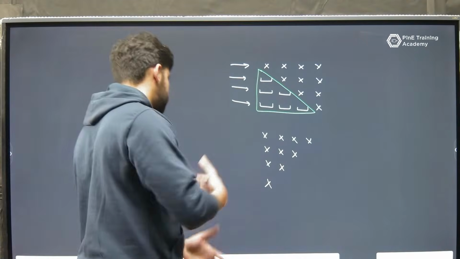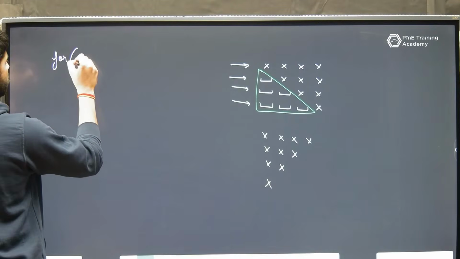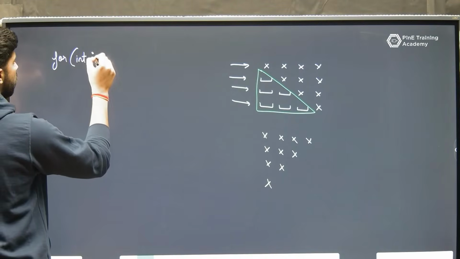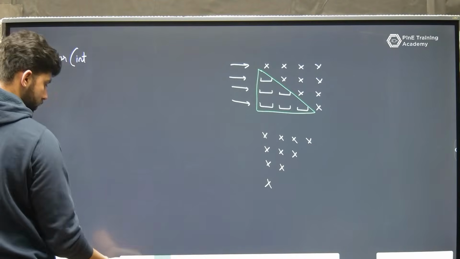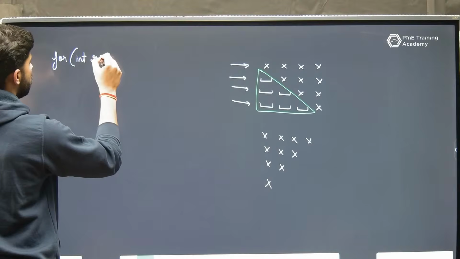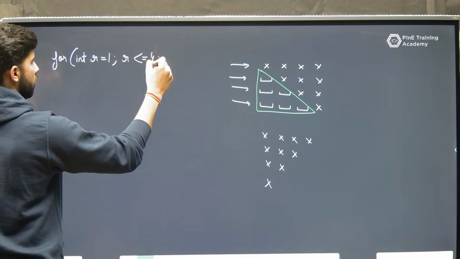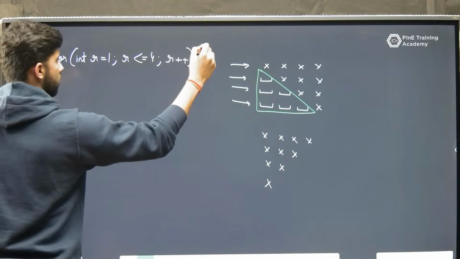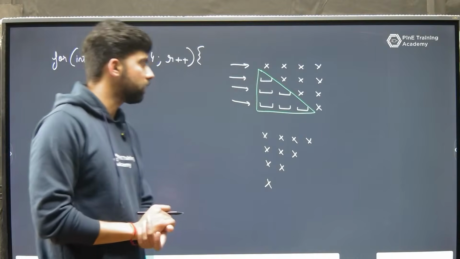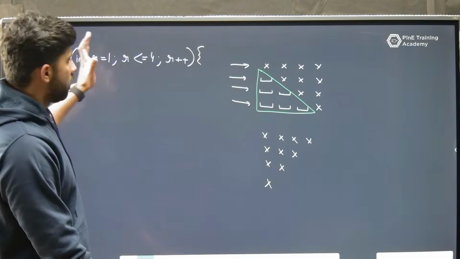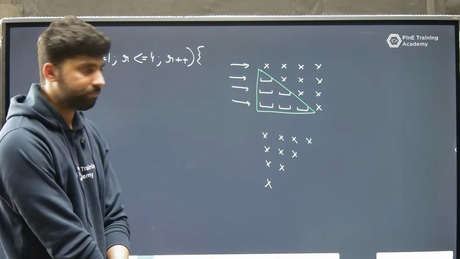Right, let's try to write the code. Again, let's take the correct variable. Okay, we have 4 rows. We are printing from 1 to 4.